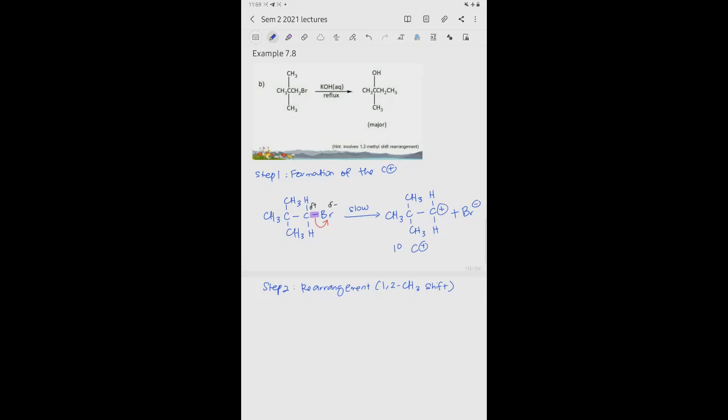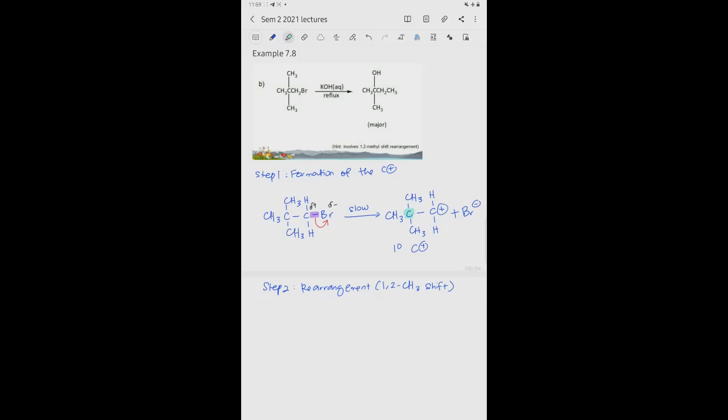You have a primary carbocation, and the adjacent carbon, the neighbor of the carbocation, is this carbon, which I colored green here. So this is the adjacent carbon.